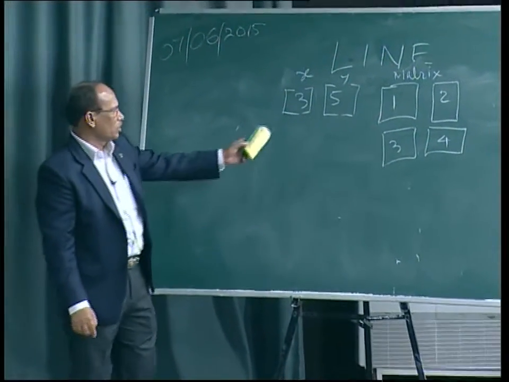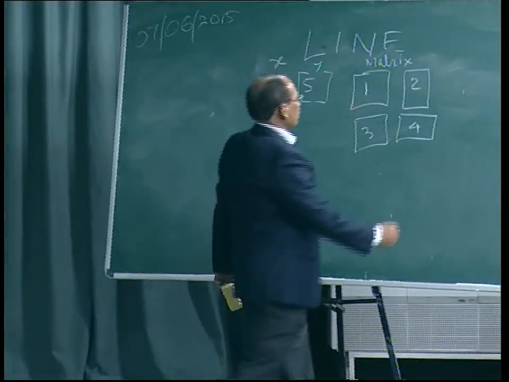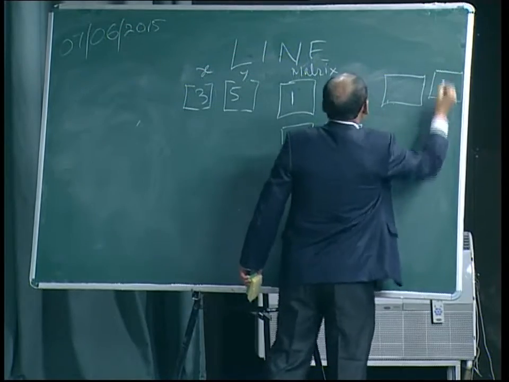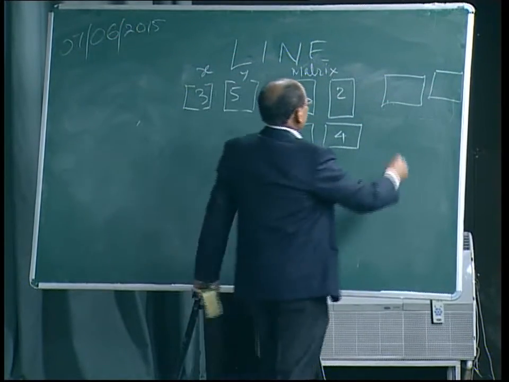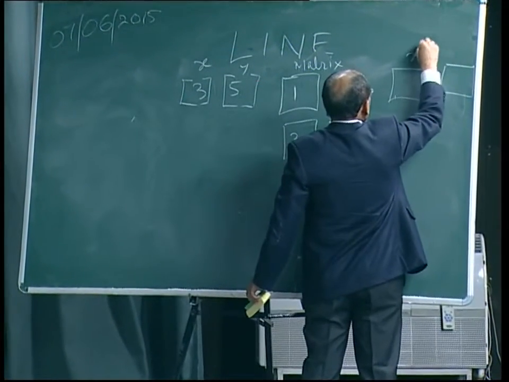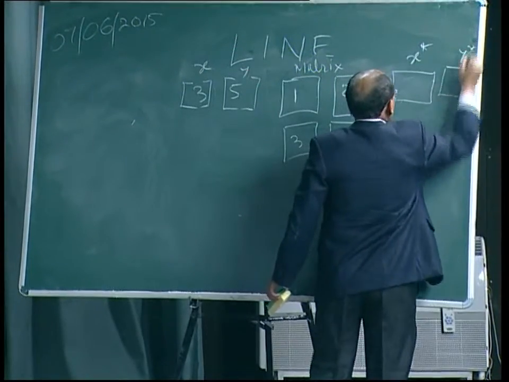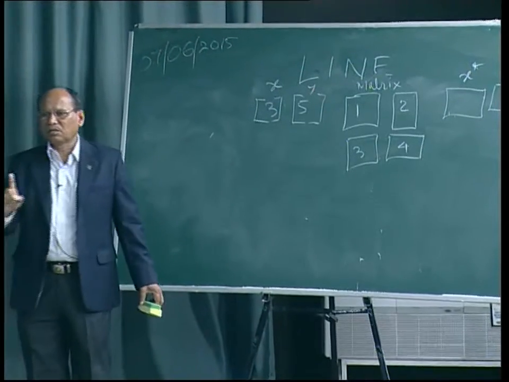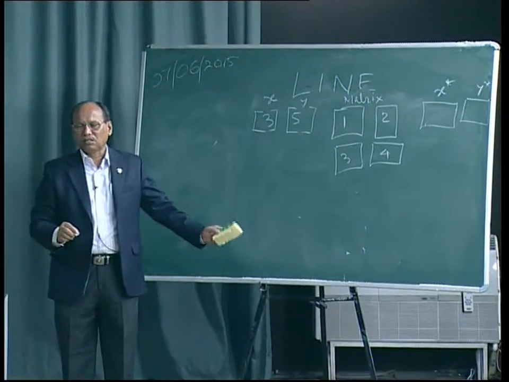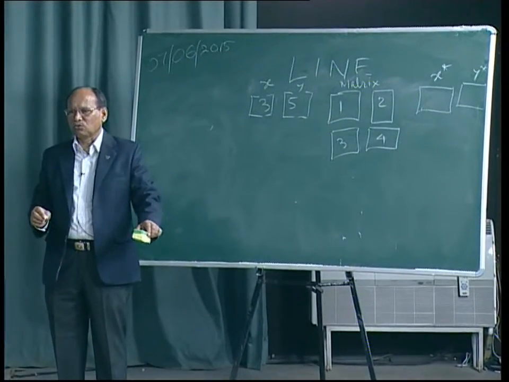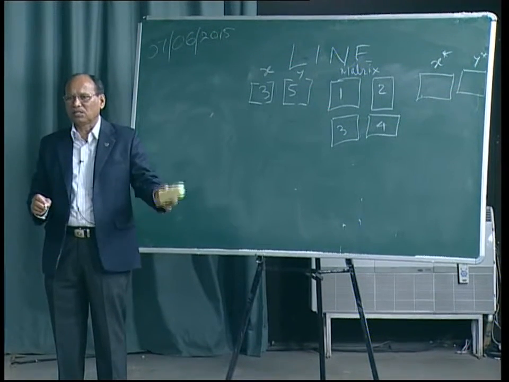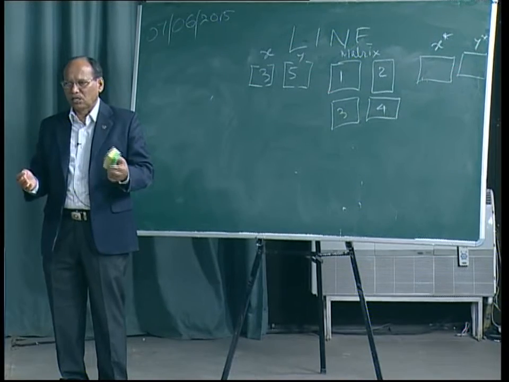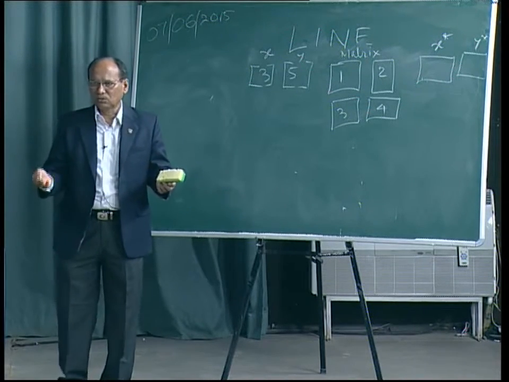So 1 into 2 and 2 into 2, what will you get? You will get x dash y dash, some change x dash y dash, is it not? This is the requirement of the matrix. If you multiply a 1 by 2 matrix with a 2 by 2 matrix, you will get a 1 by 2 matrix.